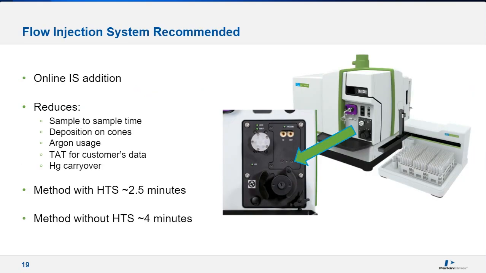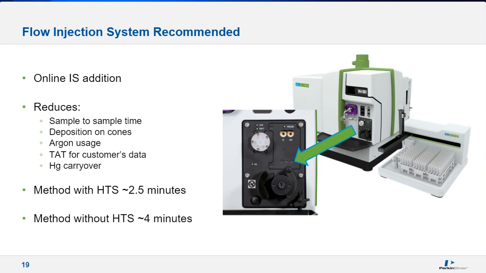So for any ICP-MS work, I typically recommend a flow injection setup. And the reason is the use of flow injection, like the HTS shown on this slide, reduces deposition on the cones, reduces argon usage, reduces turnaround time for the data, reduces mercury carryover, and reduces overall sample-to-sample time.